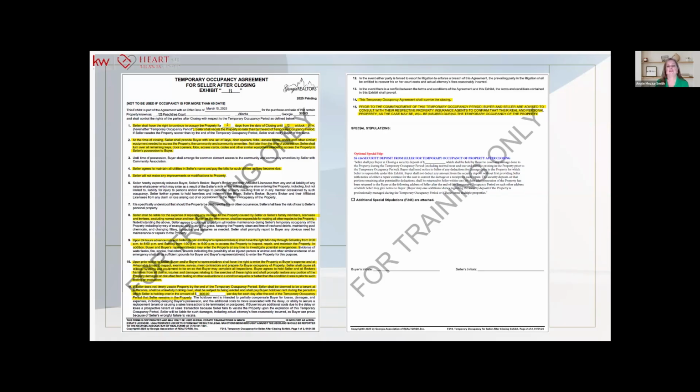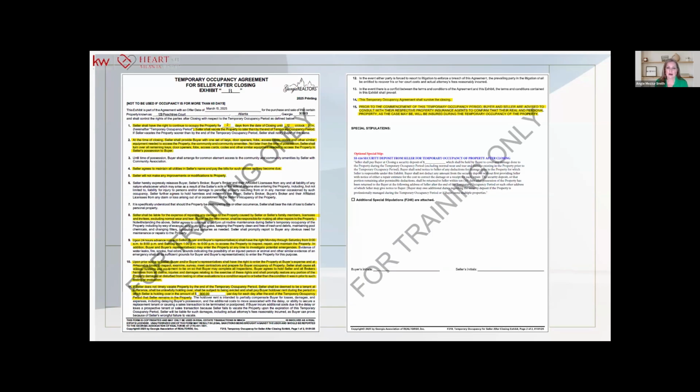But they do have to give them a set of keys to the property that they now own, and any openers, codes, et cetera, because they are now the owner. And they should absolutely be exchanging each other's emails and phone numbers, because this is their agreement.